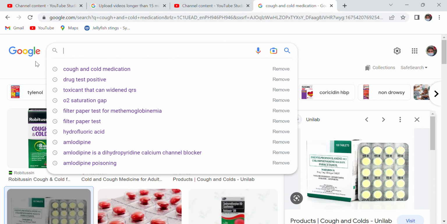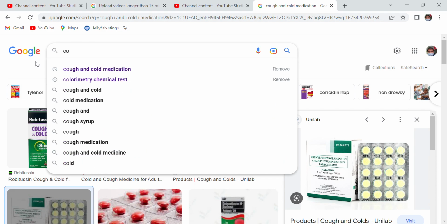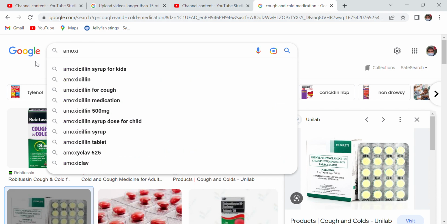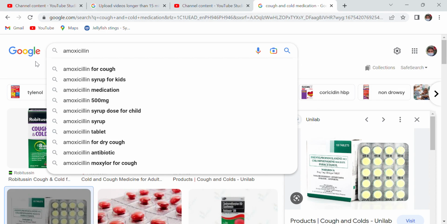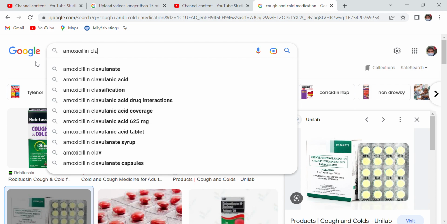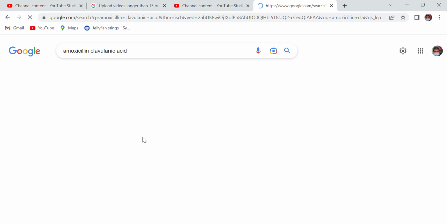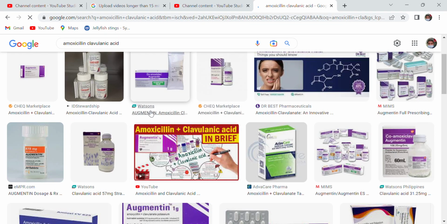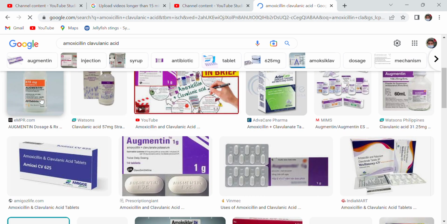And if you have a productive cough, meaning that you have phlegm, the most common antibiotic is amoxicillin plus clavulanic acid. Here you can see the pictures of amoxicillin plus clavulanic acid like Augmentin.